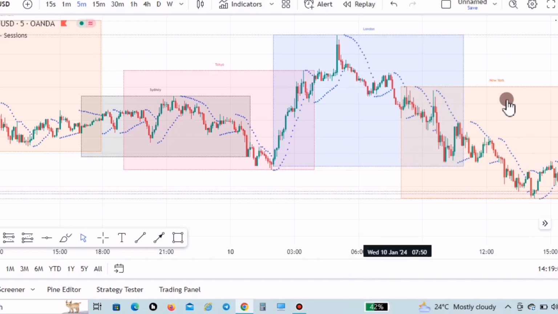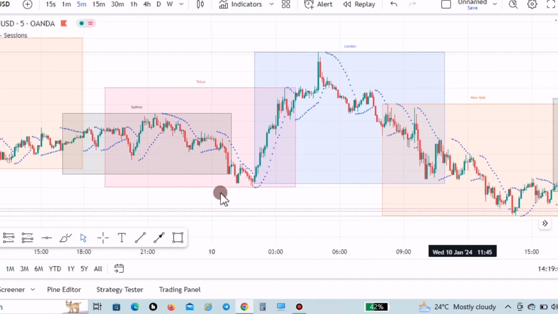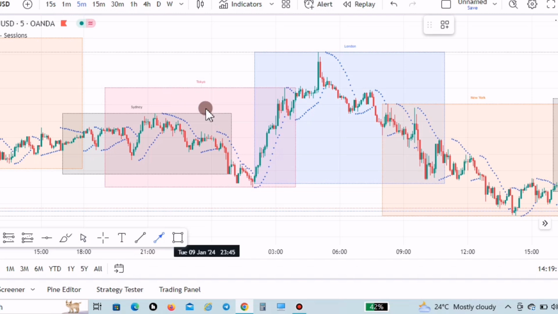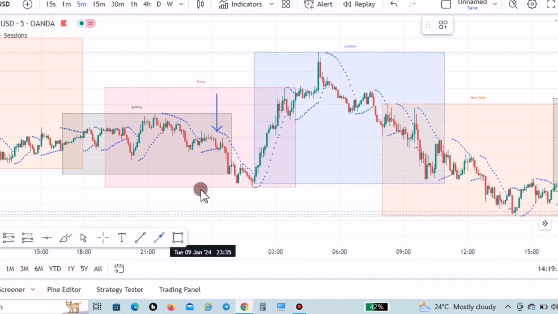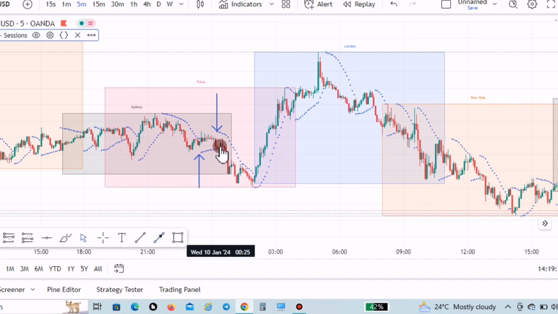So let's just proceed with the strategy, traders. Let me start on this London session. What you do with the parabolic, you focus on where the dotted line starts from. See, there was that dotted line. It started there and then went downwards. You also had that dotted line which started there and then went there.